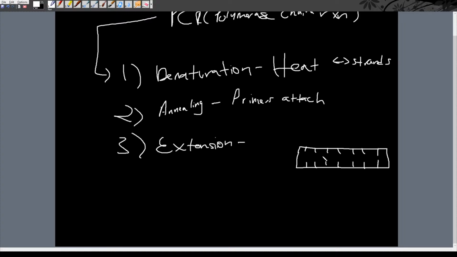you might have a DNA strand that goes like this, and then you have the one on the bottom that goes like this. Oops, this is actually the wrong step. I'm sorry, I skipped a step.